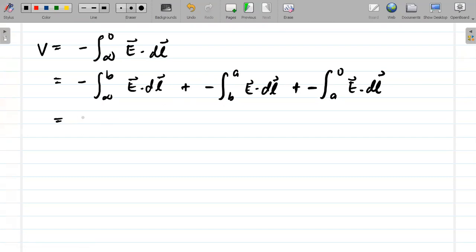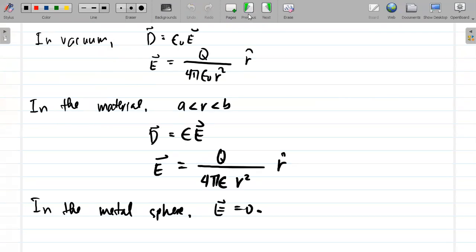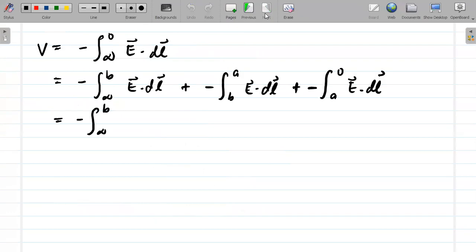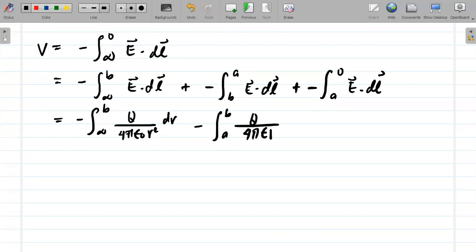Now, this is equal to negative integral from infinity to b. Ano yung electric field natin in vacuum? Q over 4 pi epsilon naught r squared r hat dotted with ano yung dl natin? So, dr r hat yan, di ba? So, bale, dr na lang to. Minus integral from A to B of Q over 4 pi epsilon r squared, dr ulit.